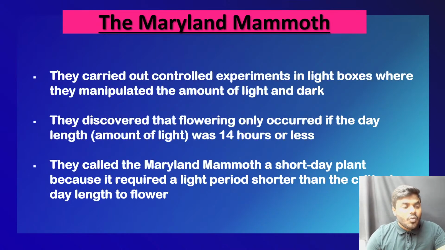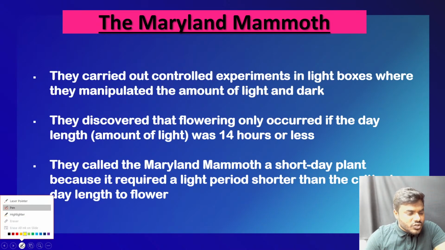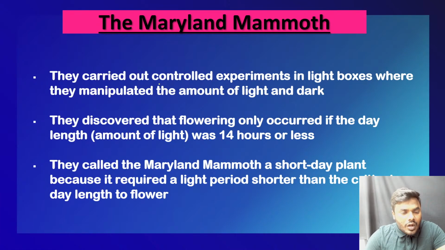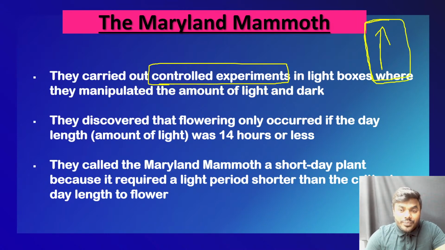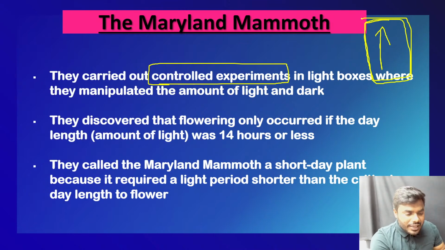Friends, what they understood is, first, all the students listen to me, they carried out controlled experiments. What do you mean by the word controlled experiment? Suppose this is a plant, imagine this is the plant. They packed this plant in containers and manipulated the amount of daylight and the amount of night also.